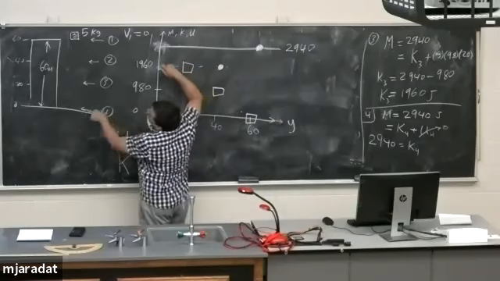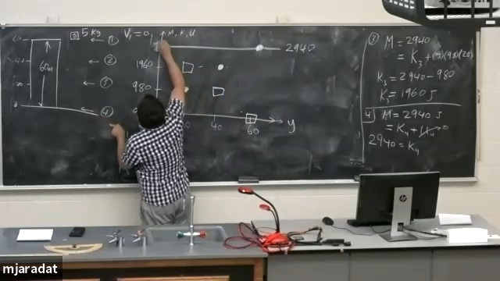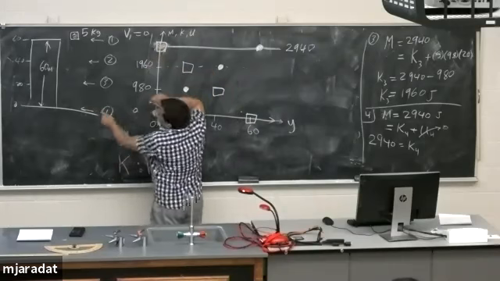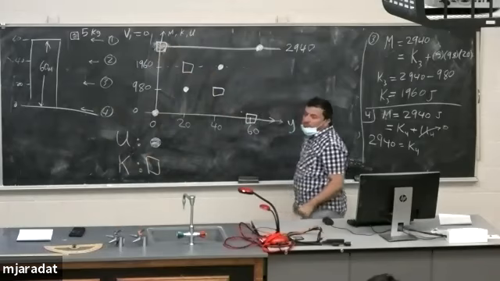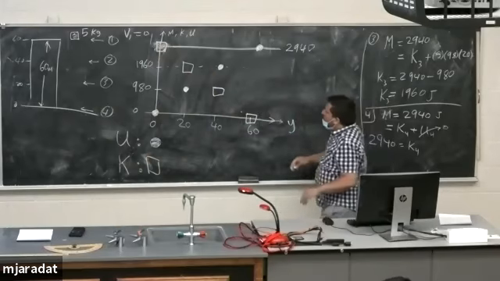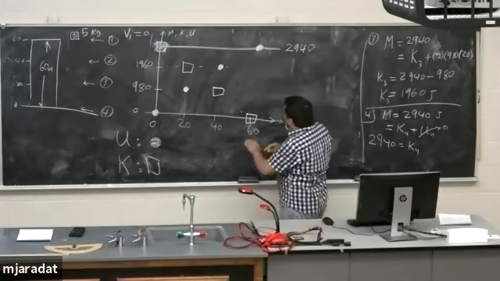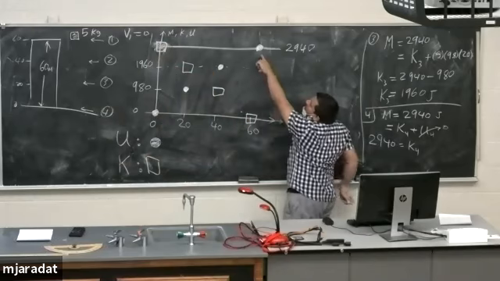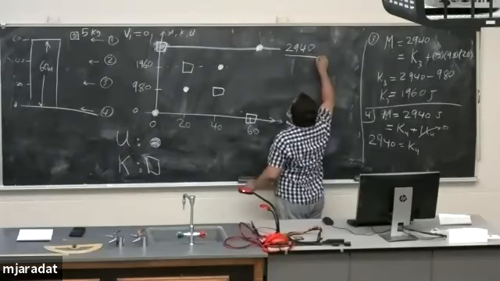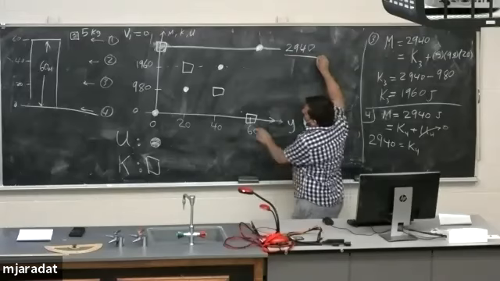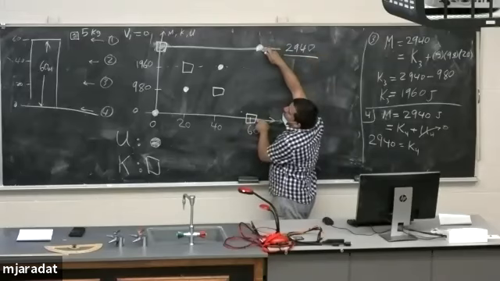The maximum value of the kinetic energy is at y equal to 0. At each point, if you add the square to the circle, it will give us 2,940.